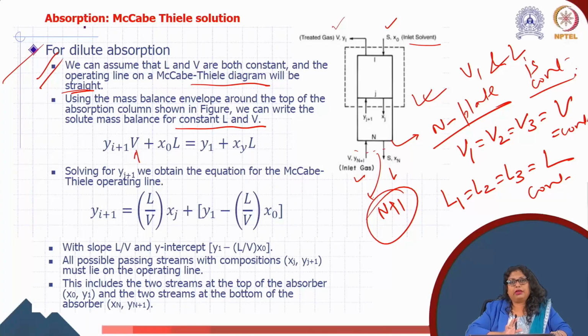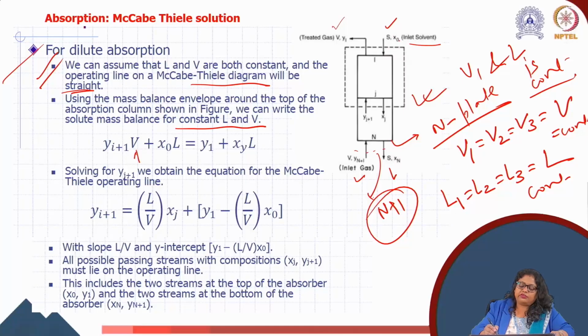So using the mass balance envelope around the top of the absorption column, we can write the solute mass balance for constant liquid and vapor, because we are taking them constant on each tray. So how would it be? Entry is the vapor and then the liquid.